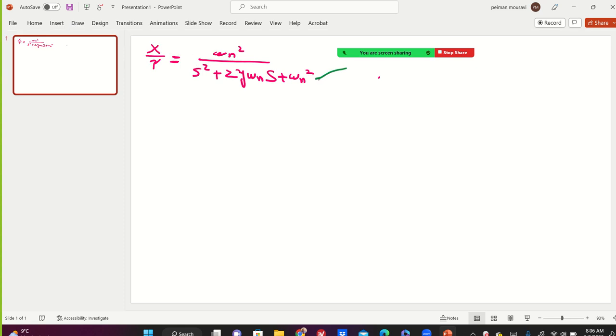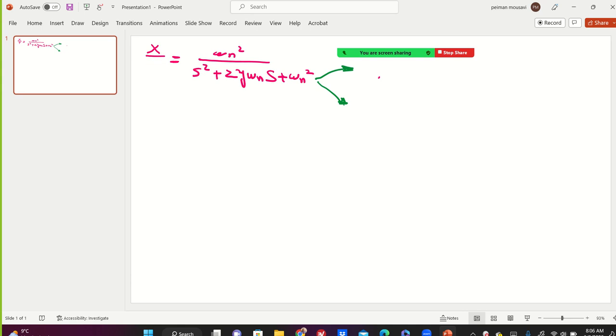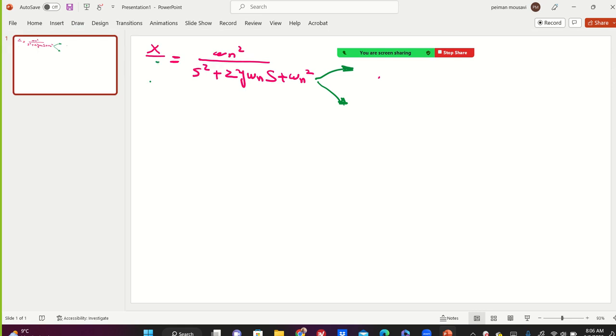And I applied here is Y, here was Y. Okay. F, F, F. So F of s was impulse and the F of s was unit step.